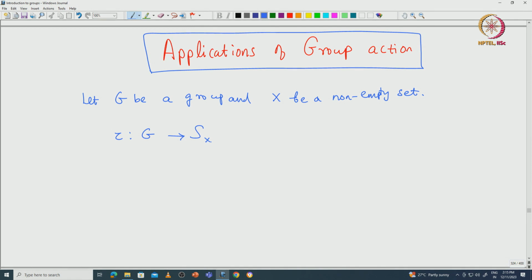So then we define the following thing and we proved this orbit decomposition theorem.